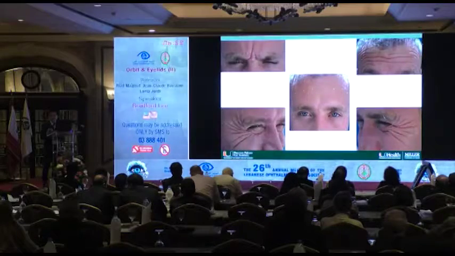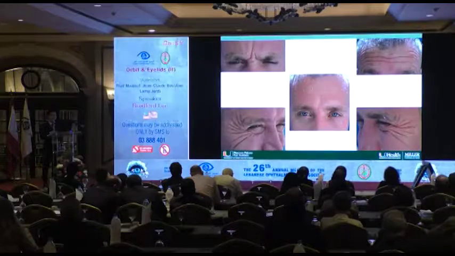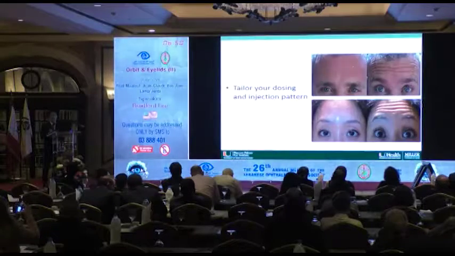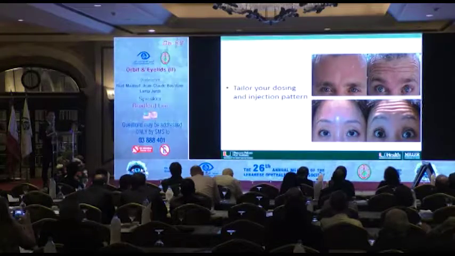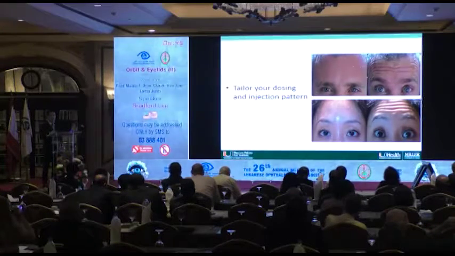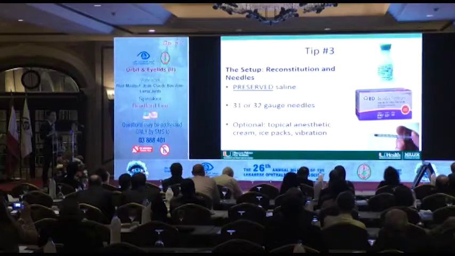You can see the strength of his orbicularis oculi and the crow's feet, and you need to dose this accordingly. He's going to take a lot more toxin than my friend here, who's the Asian female with very weak facial musculature, very delicate muscles. Asian patients, in my experience, require much lower doses.